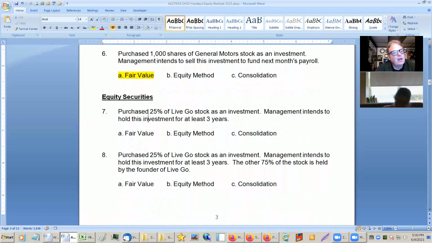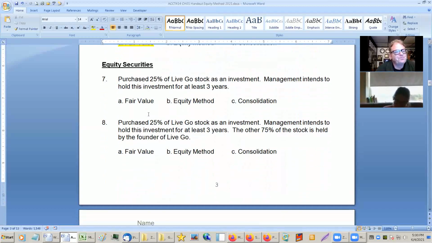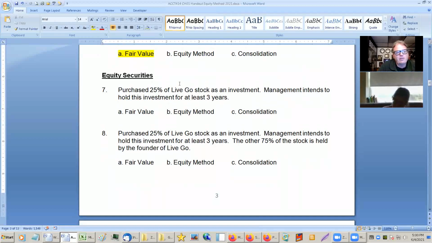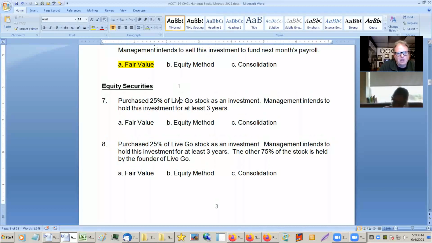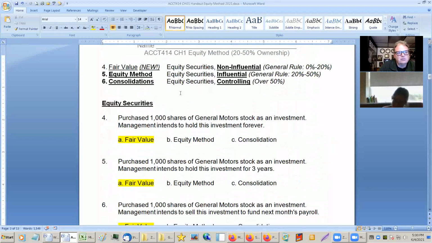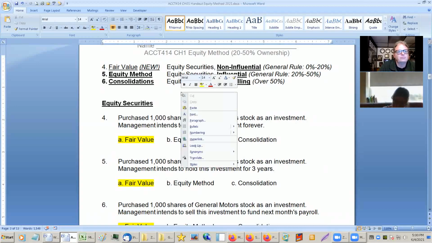Okay. Equity securities. Purchase 25% of Livco stock as an investment. Management intends to hold this investment for at least 3 years. Now, they didn't tell you whether it's influential. But that probably would be influential because it's still in the 20 to 50%.